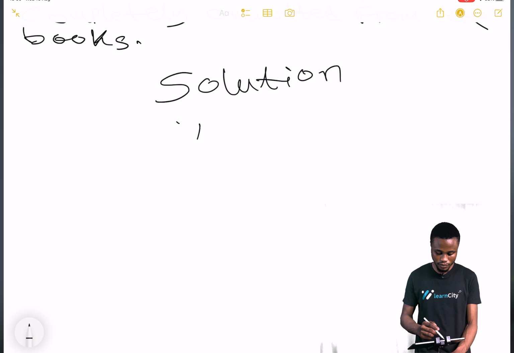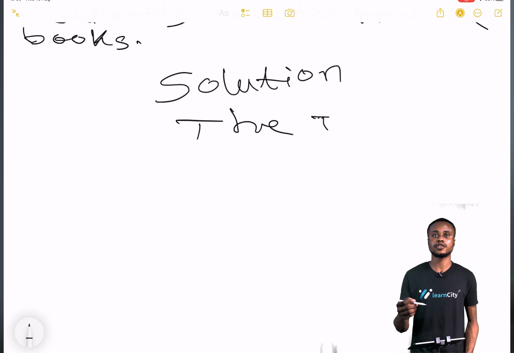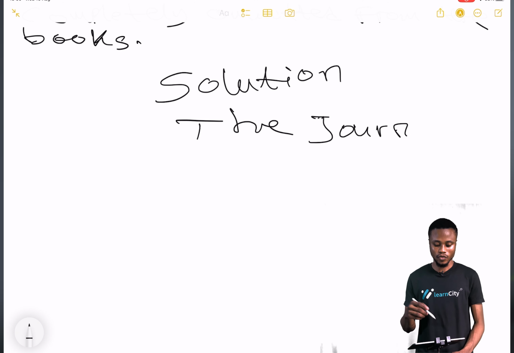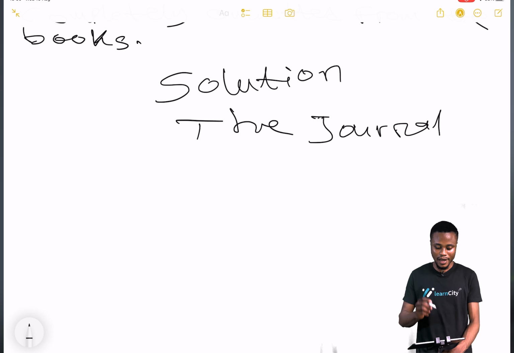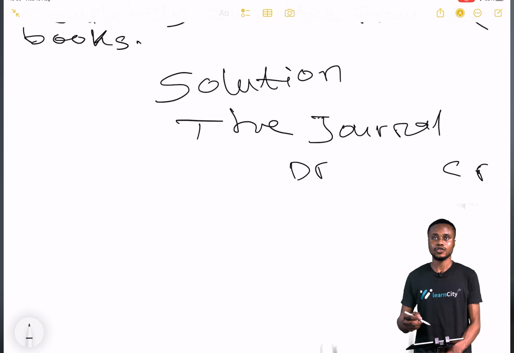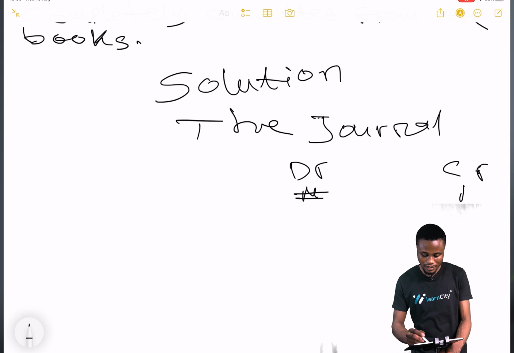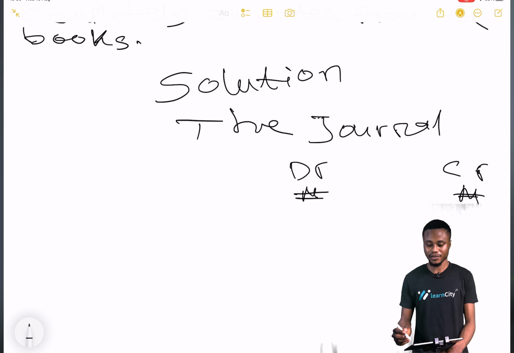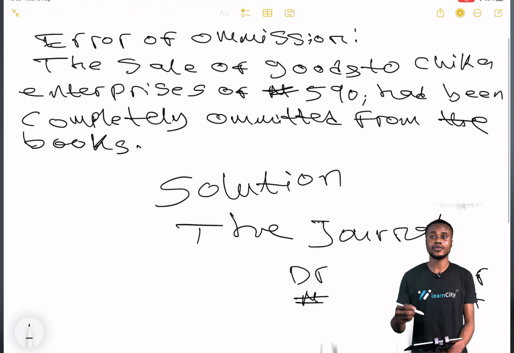So for the solution to this type of illustration, what you just have to do is, at the top like this, you first of all write the journal. Since we are asked to prepare a journal, your debit side is followed by your credit side.